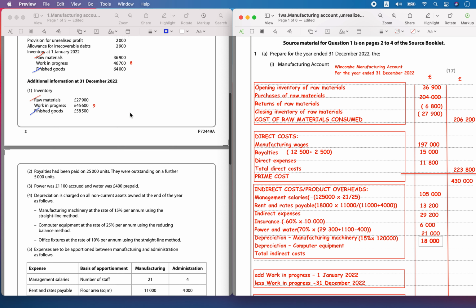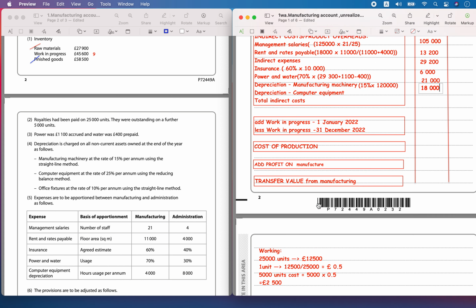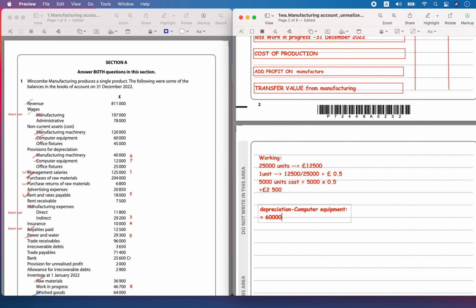Now for computer equipment, the depreciation method is reducing balance at 25 percentage. So let's calculate for that. 60,000 minus the accumulated depreciation, which is 12,000, times the rate.